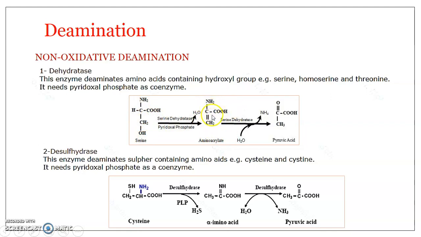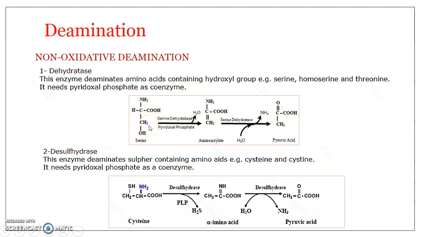Okay, and this undergoes hydrolysis to give rise to pyruvic acid. So the first step is dehydration, and the second is the hydrolytic deamination. Okay, and this results in the formation of keto acid and ammonia. The whole process is catalyzed by serine dehydratase.